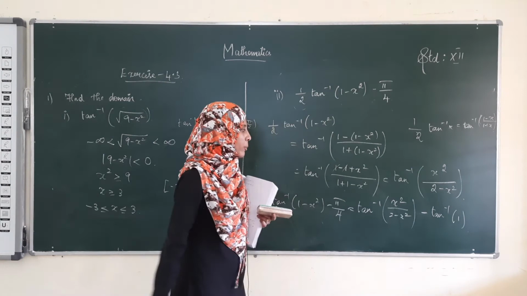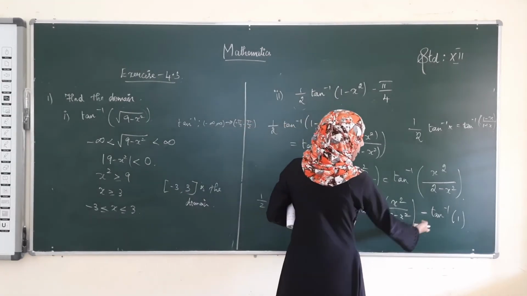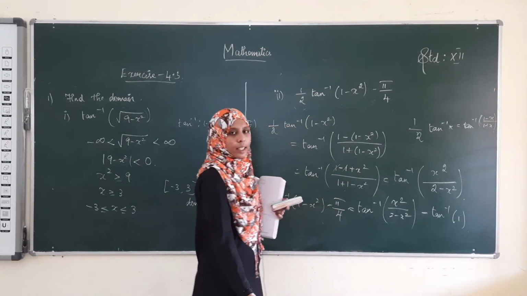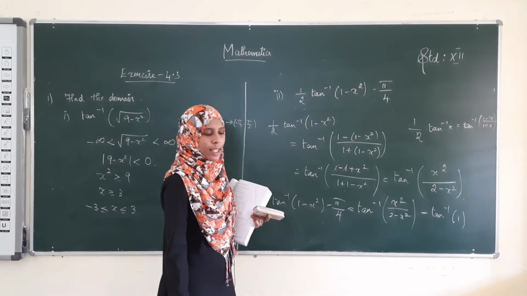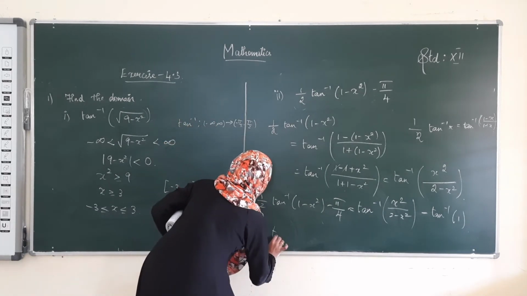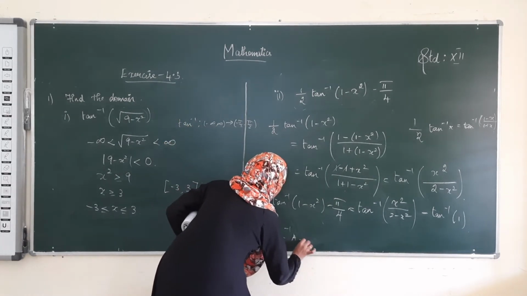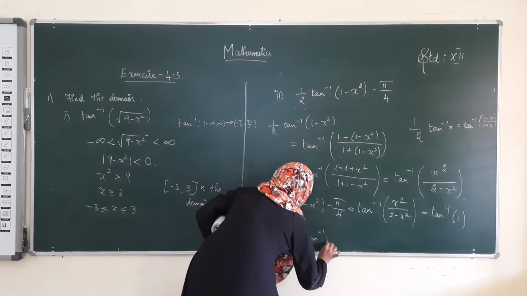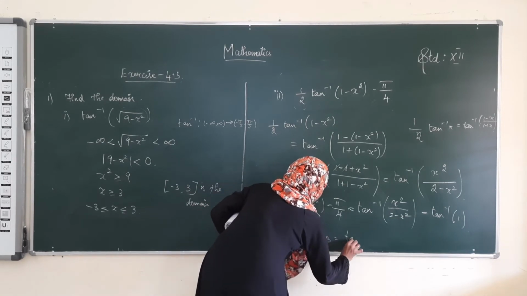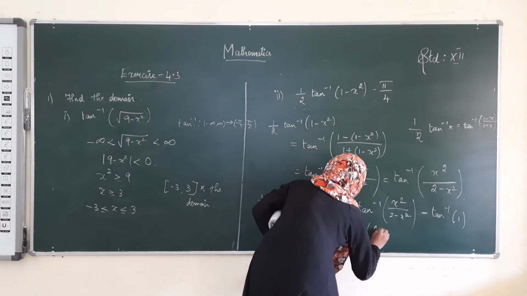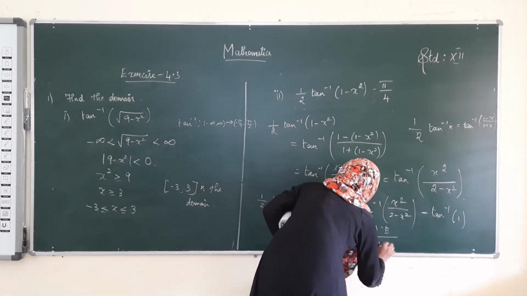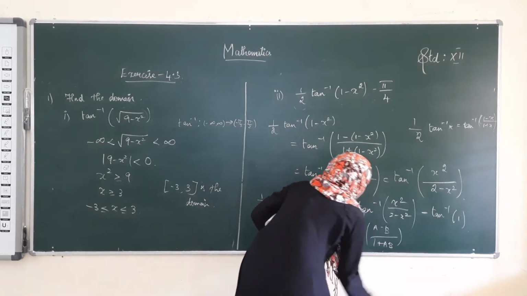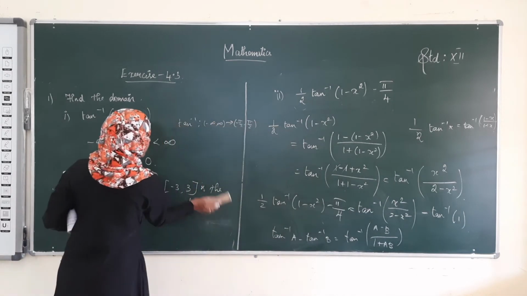See here, this is in the format of tan inverse A minus tan inverse B. The formula is tan inverse of A minus tan inverse of B is equal to tan inverse of A minus B divided by 1 plus A into B. This is the formula.